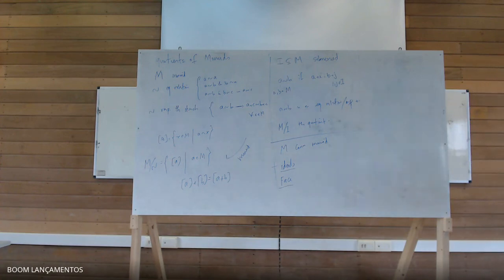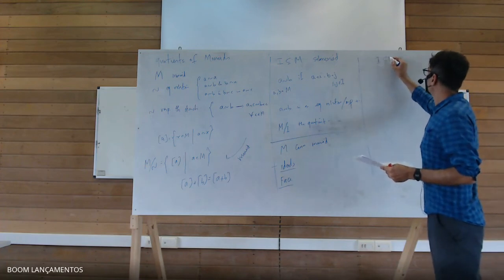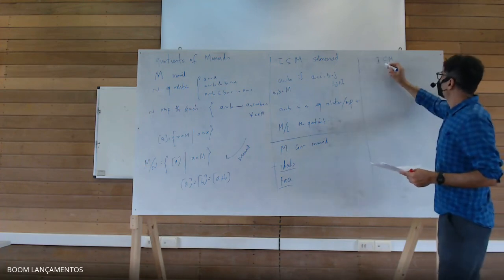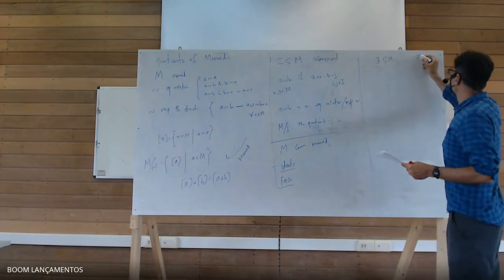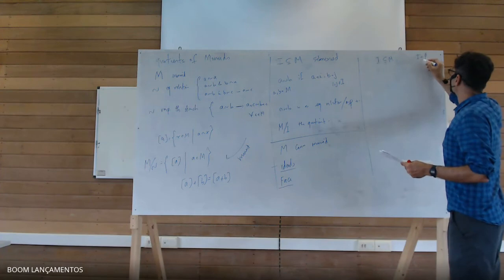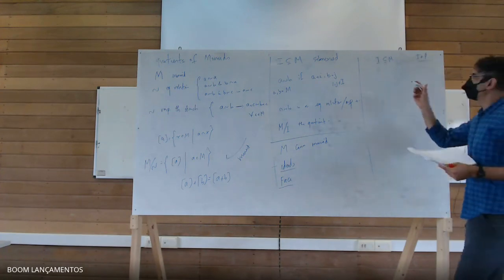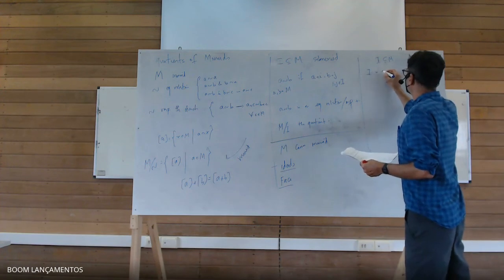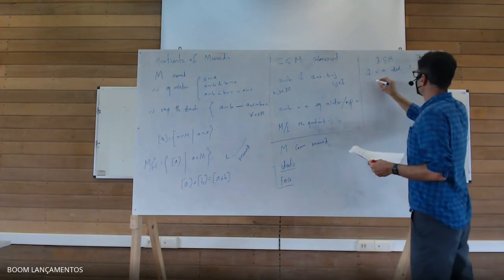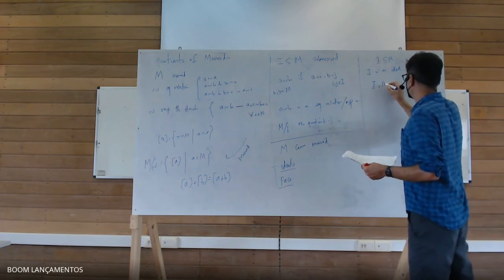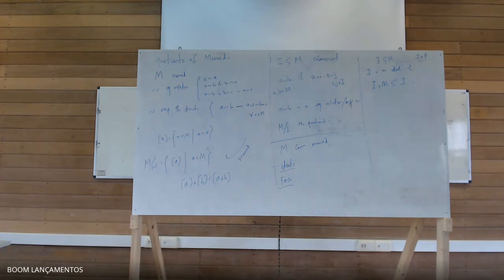So what is an ideal? So I is a subset of M. Let's imagine I is non-empty. In some literature, actually, they say maybe it's empty, but let's call it non-empty. Then I say I is an ideal if this happens, that I plus M absorbs the whole M. It's very similar to ring theory.